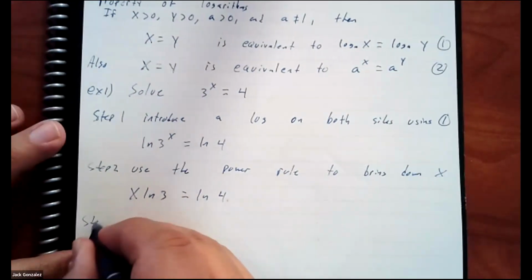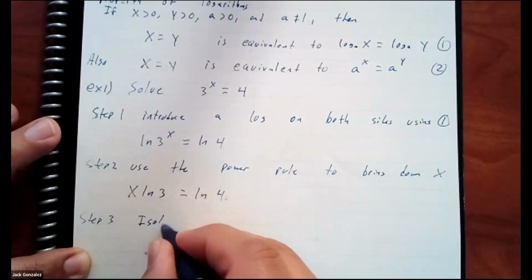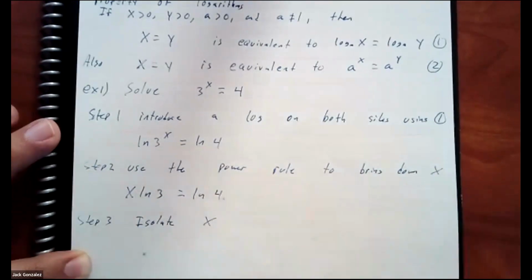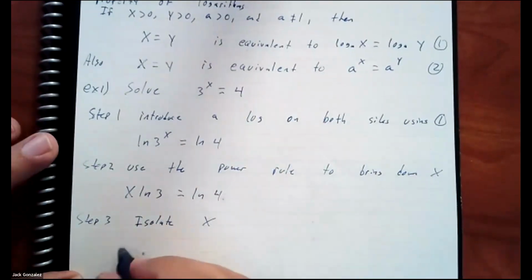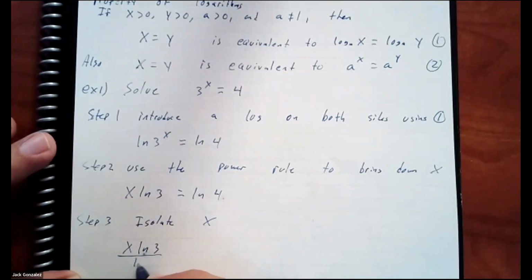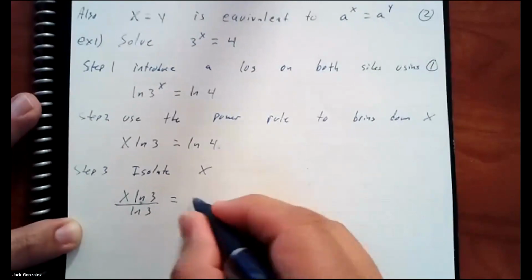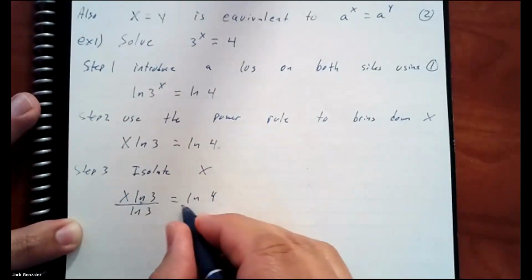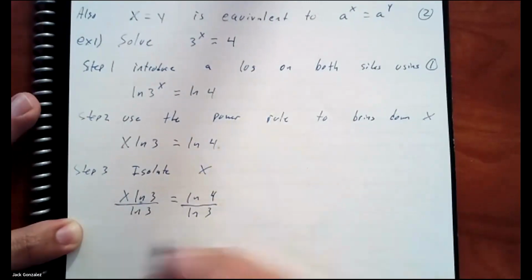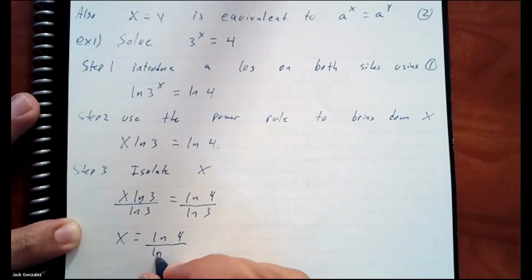Step 3. Isolate x like you always have. Divide by this weird number. So x is equal to ln 4 divided by ln 3.